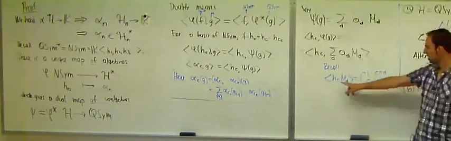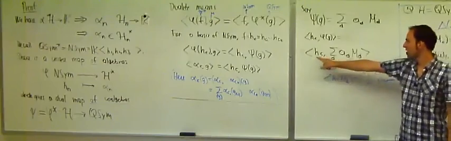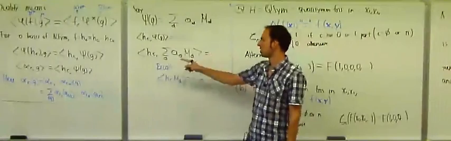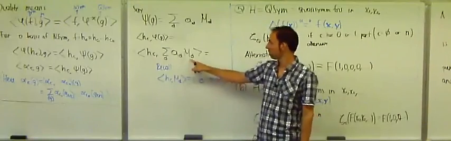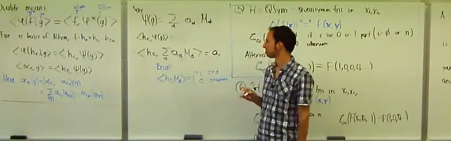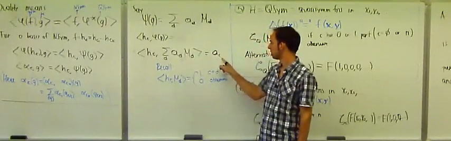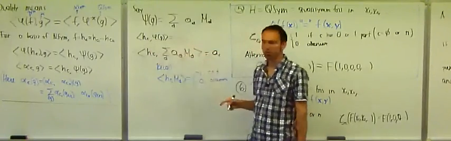This is the duality of NSYM and QSYM. And so that means that almost everything disappears except the MC term, which is going to give me AC. Okay? So AC is equal to HC comma phi of G.